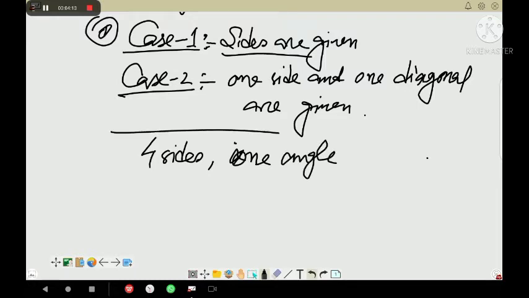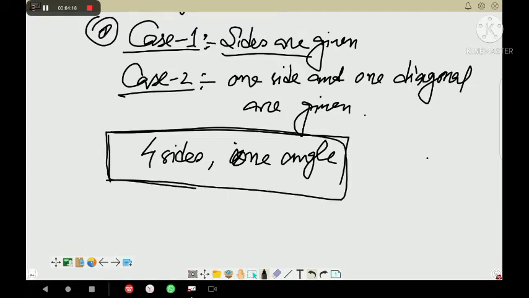If 4 sides and one angle are given, then this type of construction we have done previously. We know that to construct a quadrilateral we need 5 specific values or specific parts of a quadrilateral. So here 5 are already given, and this type of case we have solved previously.